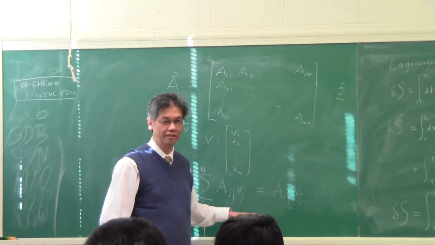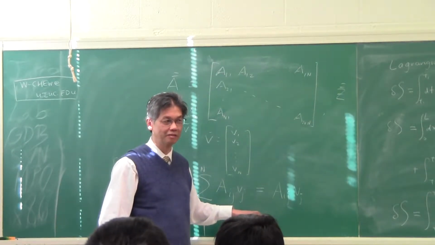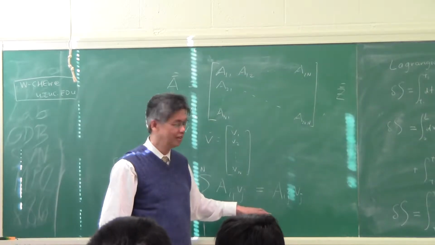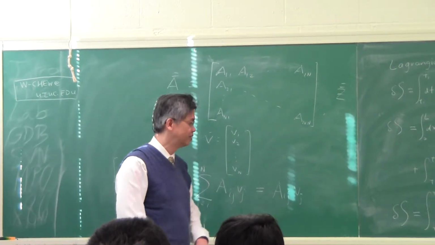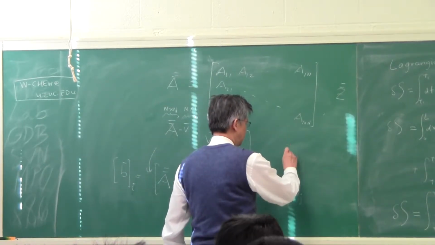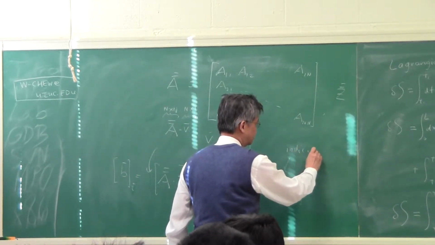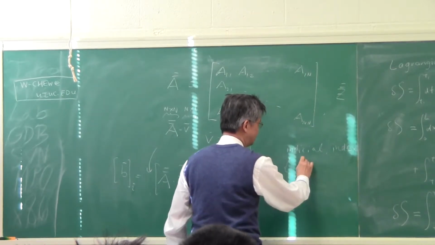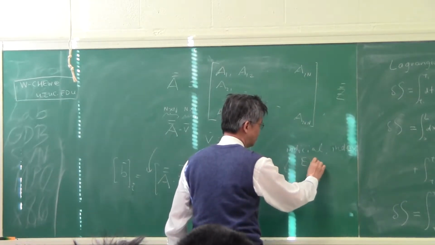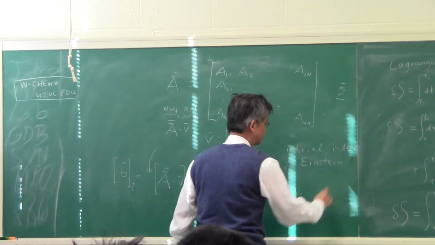So oftentimes in many textbooks, especially physics textbooks, they neglect to write the summation, and this is understood. This is called indicial notation, or index notation, or Einstein's notation. Einstein loved to use this notation.